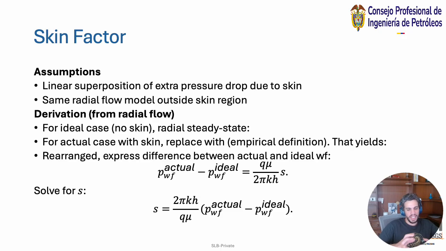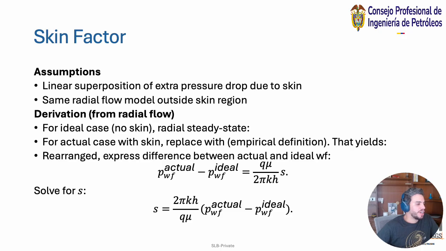Then if you take that equation and rearrange it, you get the one you see here, where the skin factor is equal to this dimensionless quantity. That makes sense to us, since it's the change in radial flow and all the values are the same. We haven't added a new parameter, so the dimensions must remain the same.